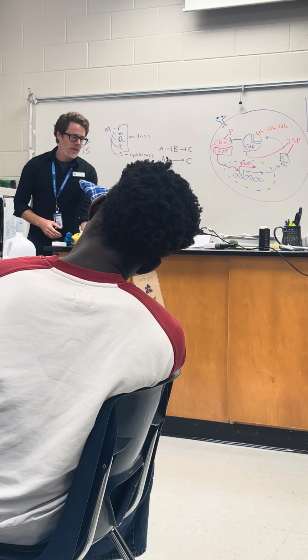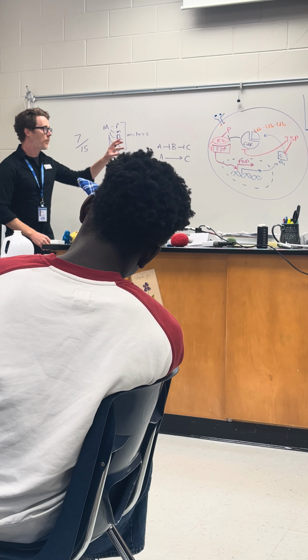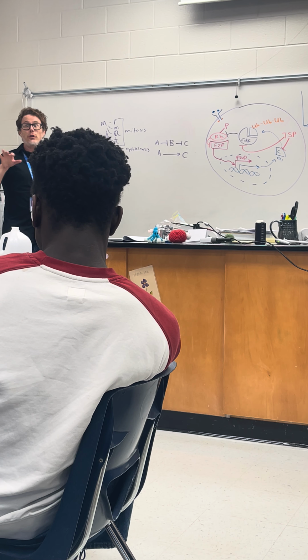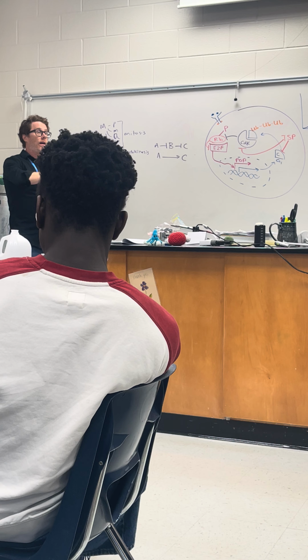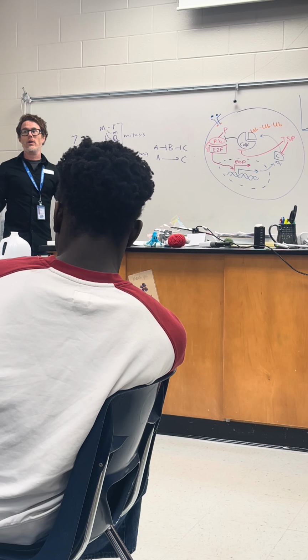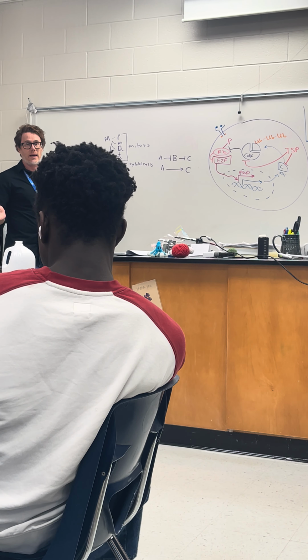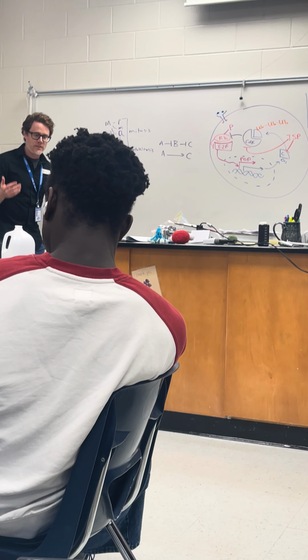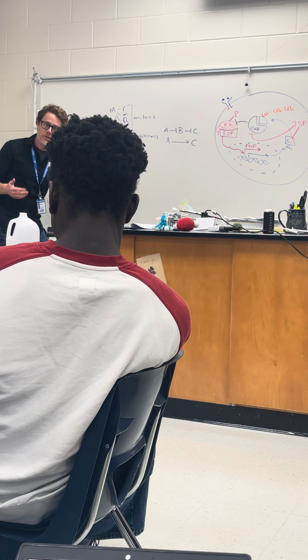There are some brakes, like G2, basically after the cell has copied its DNA, where there's no going back. You either divide or you die. A cell can't just sit there with twice as much genetic material and go back to G0. It's do or die at that point.